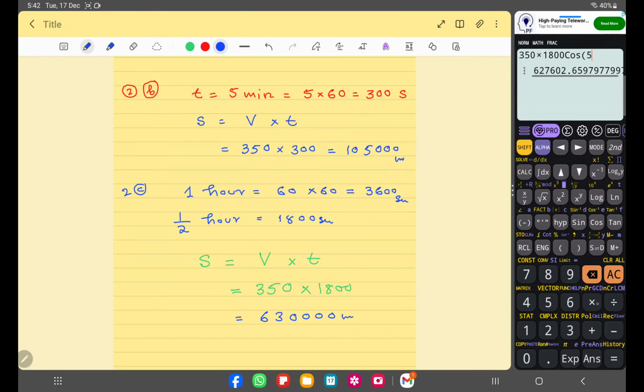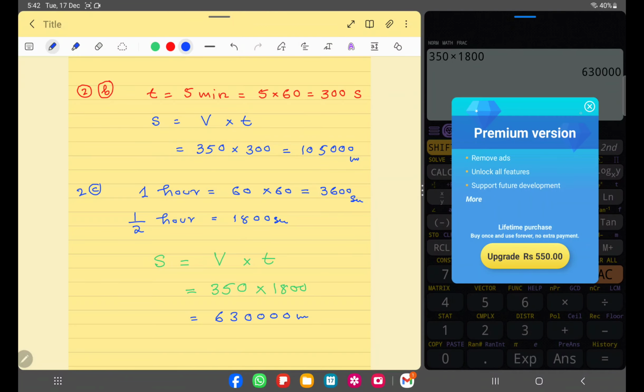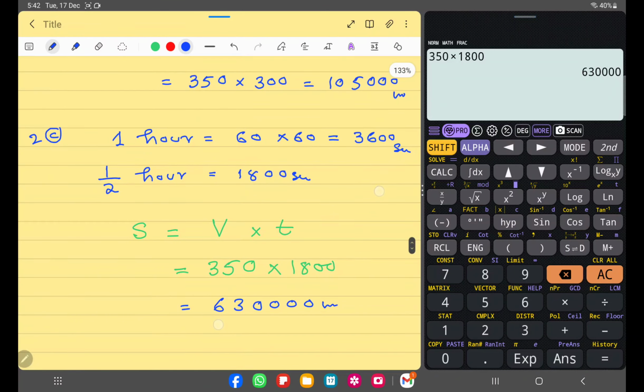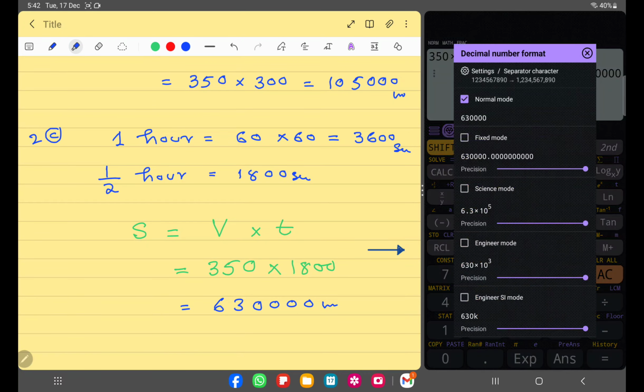If we use another key of this calculator, I want to teach you this key, the key of ENG. Do you know what is the function of ENG? Actually, ENG means engineering system. If you press any answer with ENG, then it converts into exponent form.